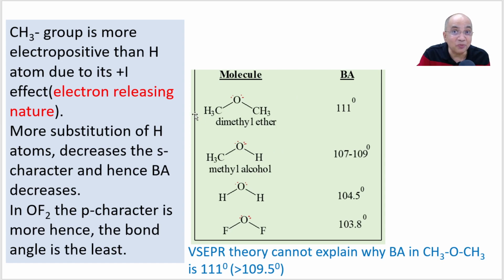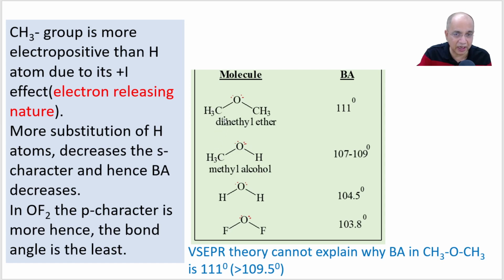So more is the electropositivity, according to Bent's rule, more is the s character. So these bonds created by the sp3 hybrid orbitals of oxygen possess more s character, maximum s character. So more is the s character, more is the repulsion between these adjacent bonds, and more is the bond angle exceeding the tetrahedral angle, because methyl group is more electropositive than hydrogen. So as one methyl group is replaced by hydrogen, the s character is reduced.